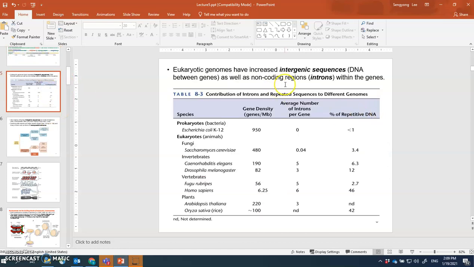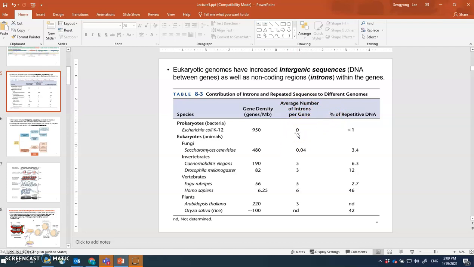And eukaryotic genomes have increased intergenic sequences. Intergenic sequences meaning, between the coding regions there are non-coding regions. We call those intergenic sequences or introns, non-coding regions. So prokaryotic genomes, of course, would not have a lot of intergenic sequences because they don't have enough space to waste. Prokaryotic cells have almost no repetitive sequences and no introns because there's no space that can be wasted.